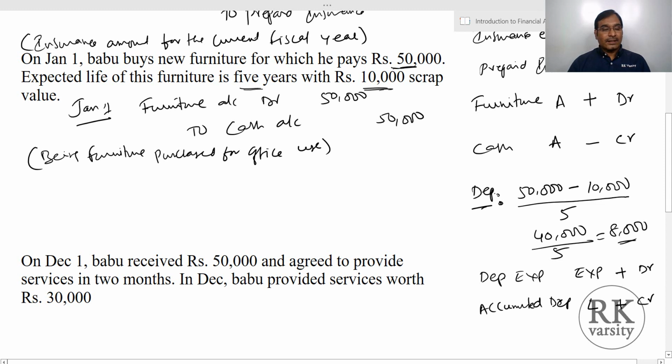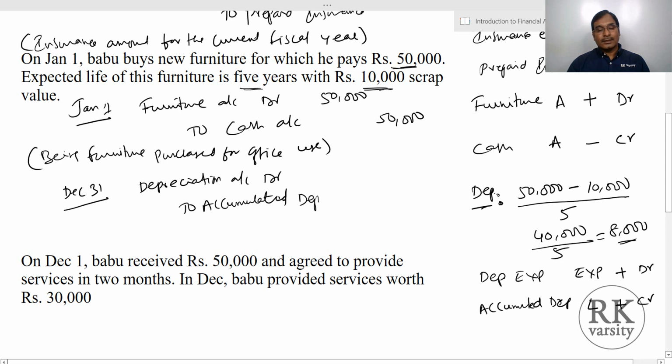So our journal entry on December 31st will be: depreciation account debtor to accumulated depreciation account.